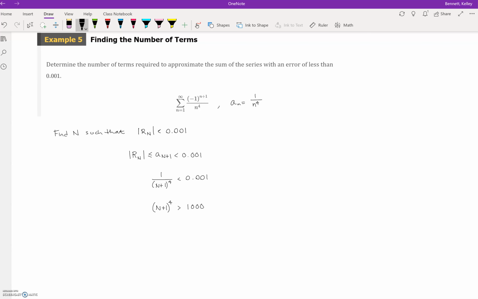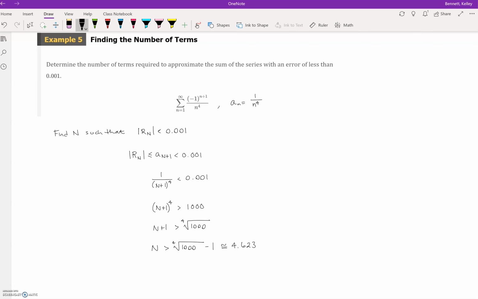Now I'll take the 4th root. So N plus 1 is greater than or equal to the 4th root of 1,000. So N has to be greater than the 4th root of 1,000 minus 1, and this is approximately 4.623.